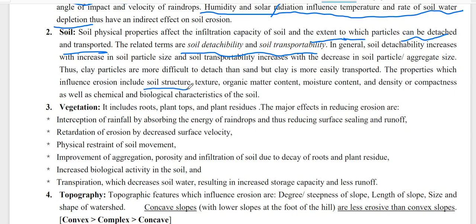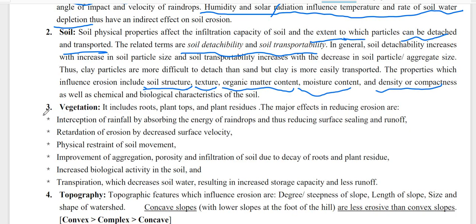Soil structure will also influence, such as globular structure, monoclinic structure; so many structures are there. Soil texture means clay, sand, silt. Then the organic matter content, the moisture content, and the density or compactness of the soil. These all, and chemical and biological characteristics, will affect erosion.